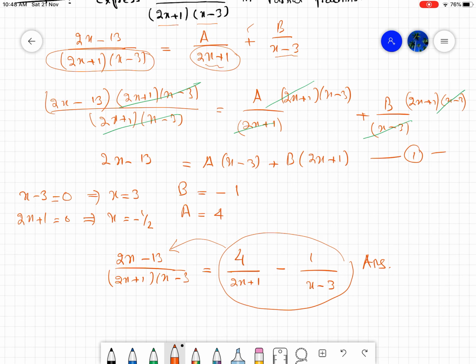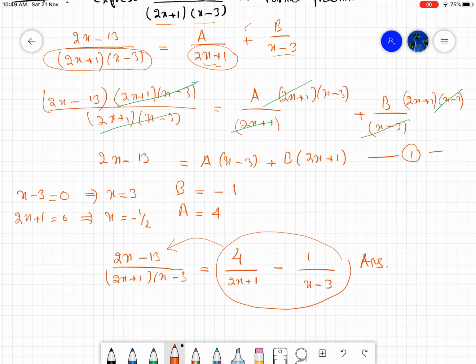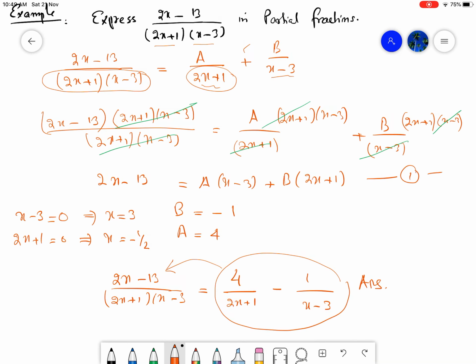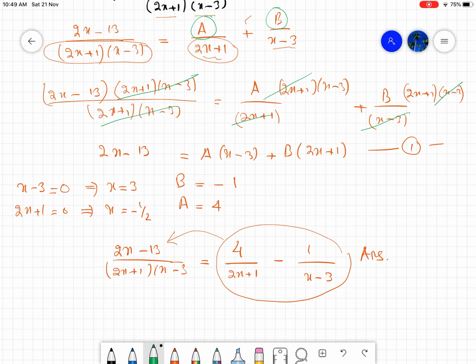So this is a method in which we use the values of x from the denominator in our equation to get the unknown values of these two variables A and B. There is another method for solving this sort of expression, which involves equating the coefficients.